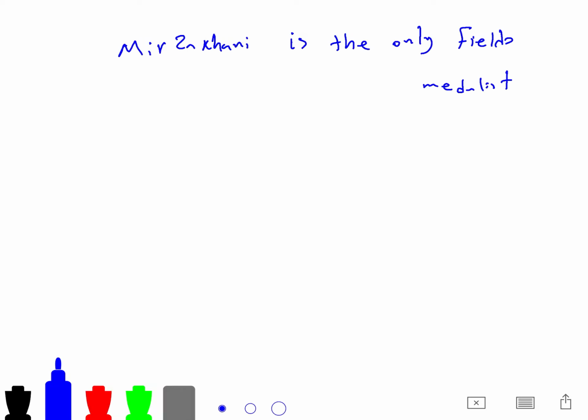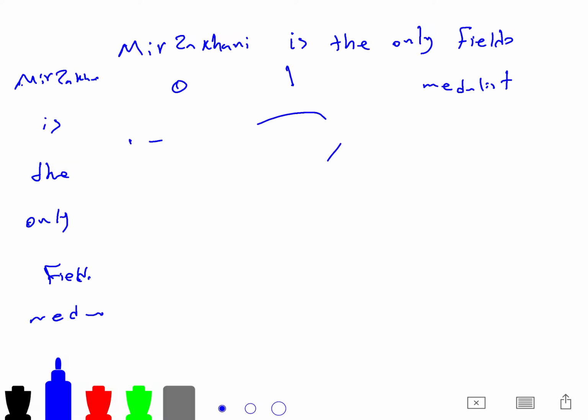So you put Mirzakhani here, and then you create a matrix. Mirzakhani is the only Fields medalist. And here it is 1 because it comes after Mirzakhani. So they co-occur together. So you fill in this matrix, and this is your co-occurrence matrix.